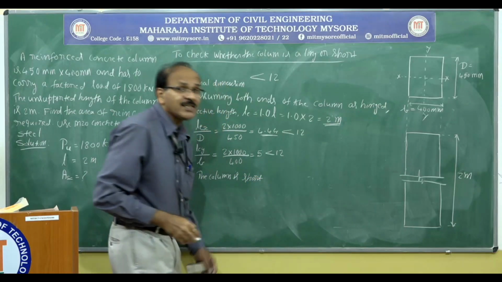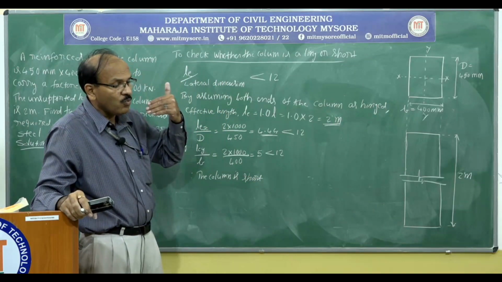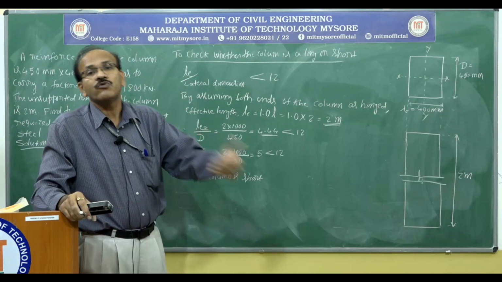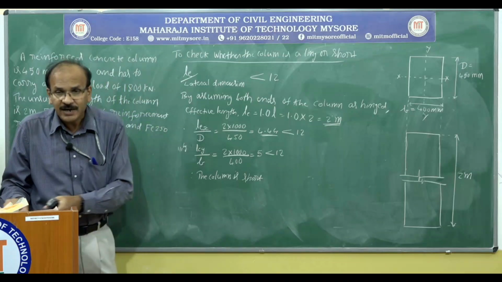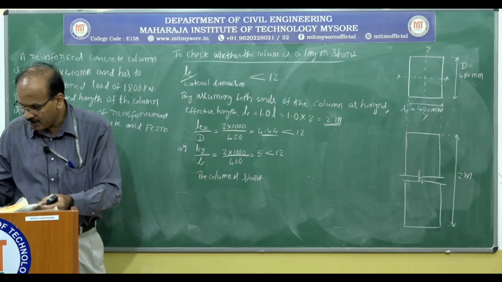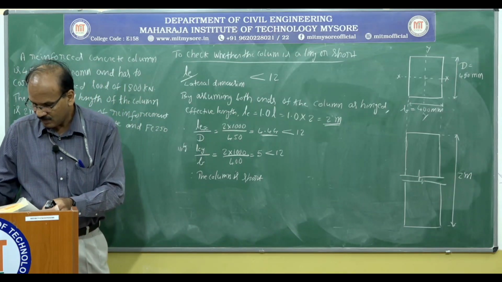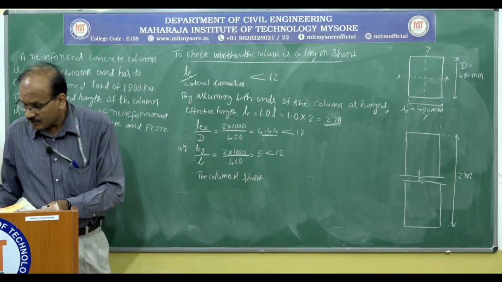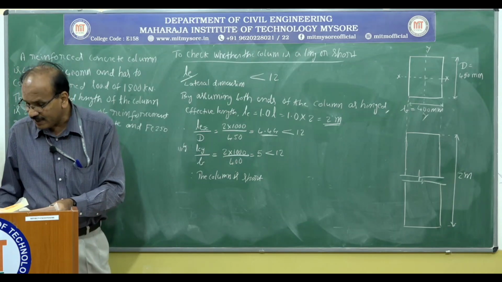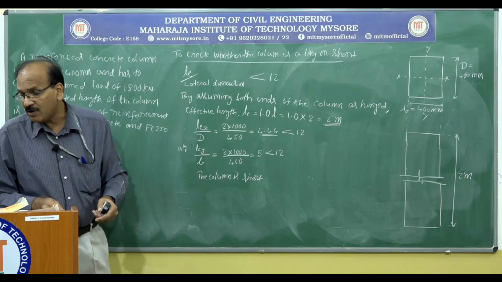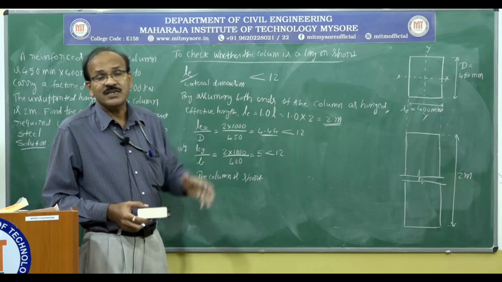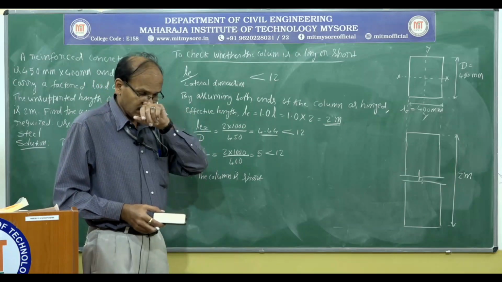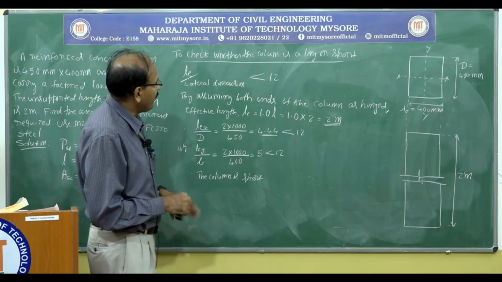So one condition is satisfied. That means we are one step closer to using the formula given under 39.3 on page 71. What is the other condition we need to satisfy to make use of that formula? The other condition is the eccentricity condition, which is on page 42 under 25.4.